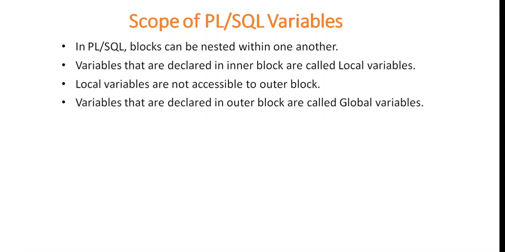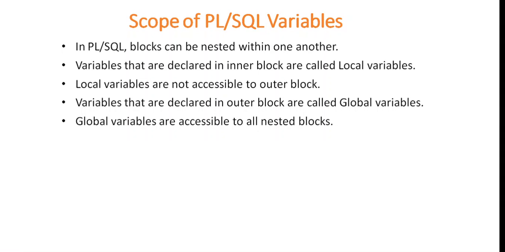Local variables are not accessible to the outer block. The scope of a local variable is limited to the block in which that variable is declared. But global variables are accessible to all the nested blocks. That's why they are called global variables. So these are the scopes of PL/SQL variables: local and global.